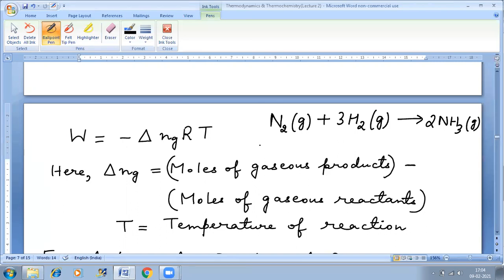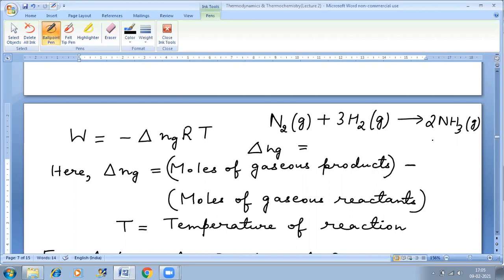Now, if we want to find out the value of delta Ng for this reaction, then delta Ng will be equal to moles of the gaseous products minus moles of the gaseous reactants.